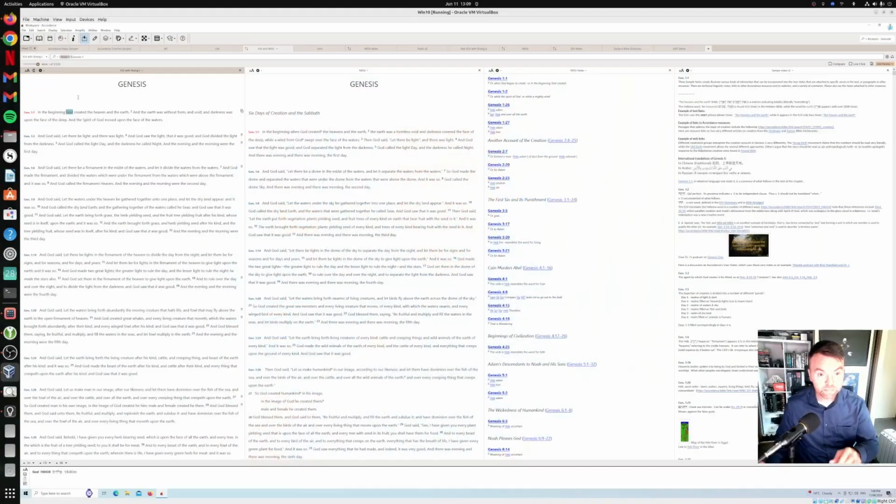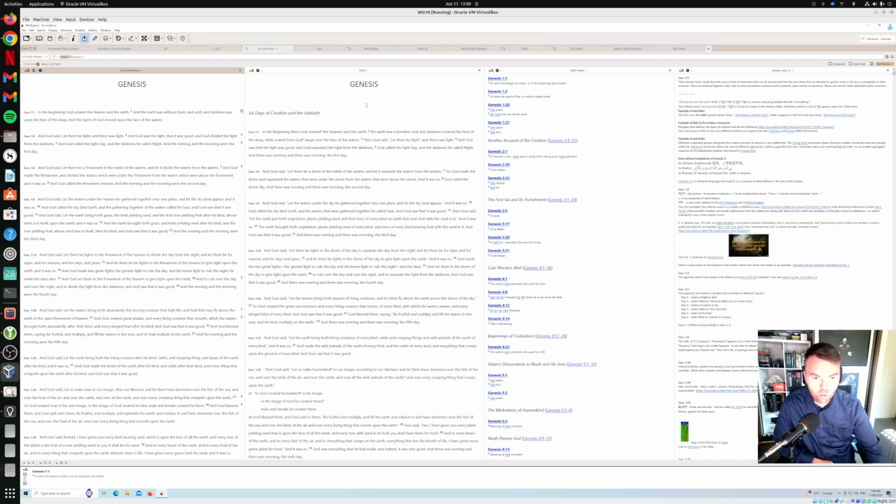But I thought it would be interesting to compare these two versions, so the King James Version and the New Revised Standard Version. "In the beginning, God created the heaven and the earth. And the earth was without form and void, and darkness was upon the face of the deep, and the Spirit of God moved upon the face of the waters."